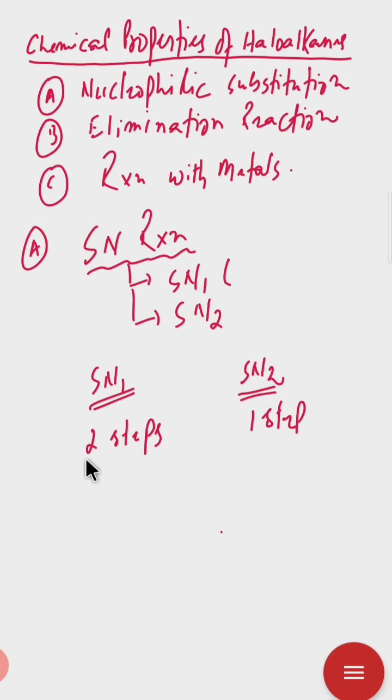SN1 is dependent upon the stability of the carbocation formed in the first step after the halogen group has left, and SN2 depends upon the steric hindrance. So SN2 reaction occurs in those haloalkanes in which less steric hindrance is there.